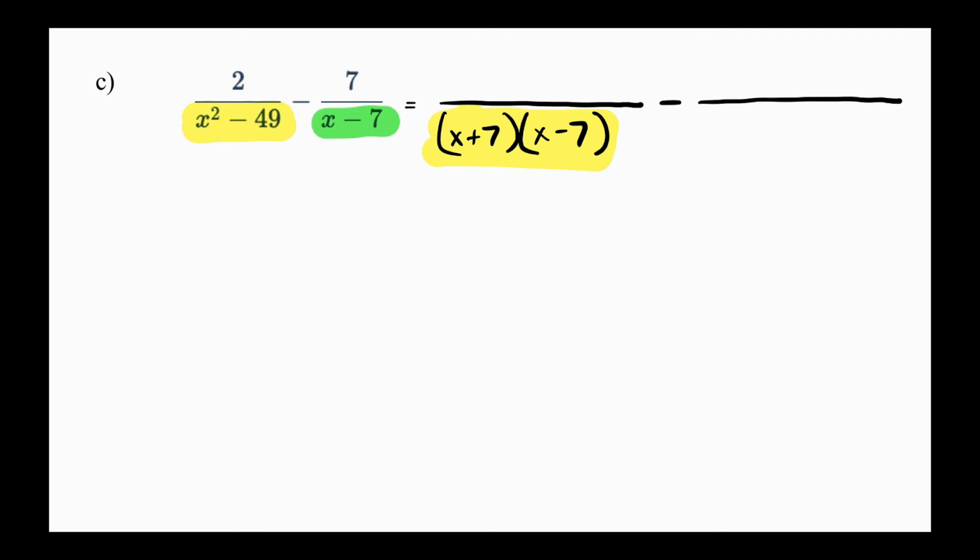Okay, 2 is already on top. Okay, green. Green, x minus 7. That's a binomial. Does it have a GCF or is it difference of squares? Neither, right? So it's just going to stay x minus 7. And there was a regular 7 on top.